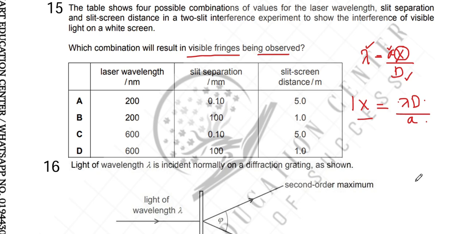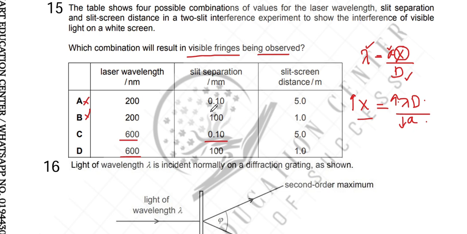Now, the connection between x and wavelength is that if we increase lambda, x will also increase because they're directly proportional. The largest value of lambda is 600, so options C and D remain, and A and B are gone. Then the slit separation, represented by a, is inversely proportional to x, so the lowest value of a would be best.